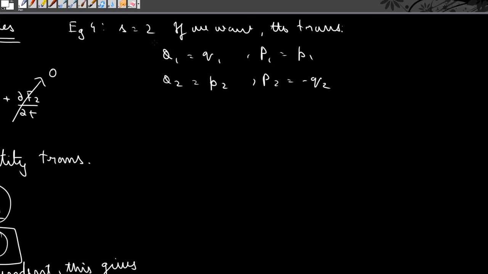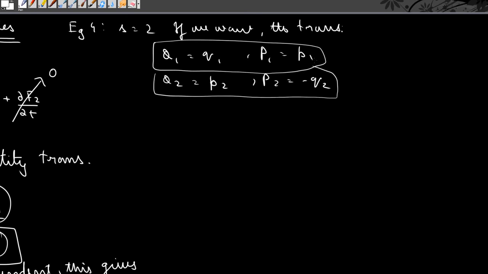If you see, this part is looking like an identity transformation and this part is looking like an exchange transformation. So this is kind of a mixed transformation, and therefore we cannot use any of the 4 types of generating functions alone as such in order to generate such a transformation, but in fact we have to use a mixed generating function, which we also had seen in our previous lecture.